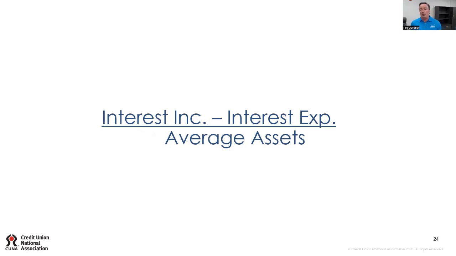Okay, so loans and investments are what we're going to have to talk about. So how much money do we make? That's the biggest source of income for us in credit unions, is what we make on loans and investments. So I'm going to add those two together. That's my interest income. And then from that, I'm going to subtract out my interest expense.